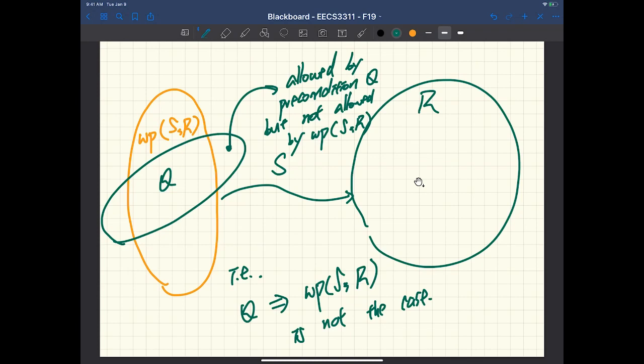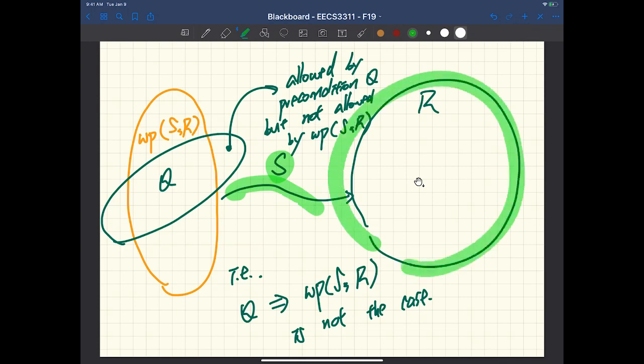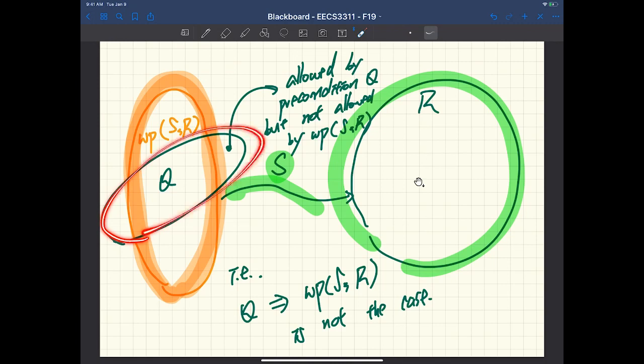First of all, always start with the implementation S and also the postcondition R. Always start with S and R. And then accordingly, you can calculate the orange one first of all. And then you compare this orange one against the existing precondition.